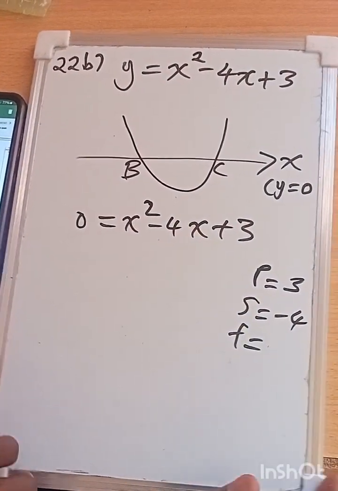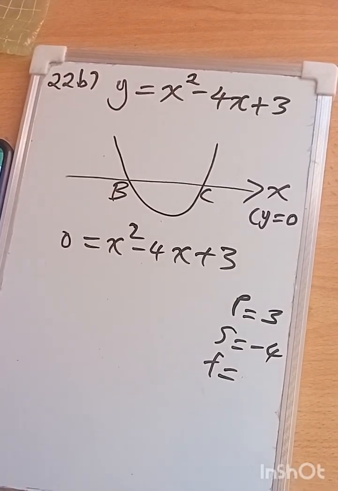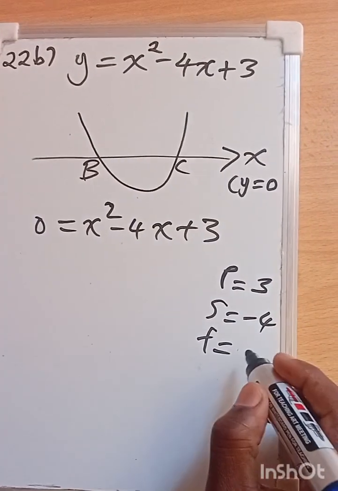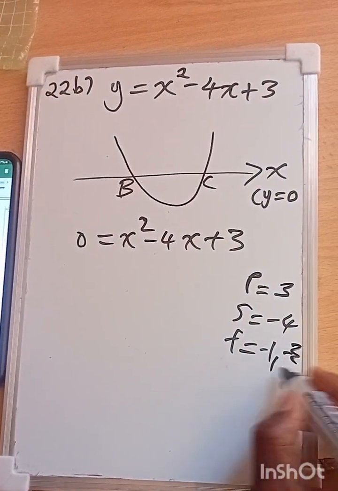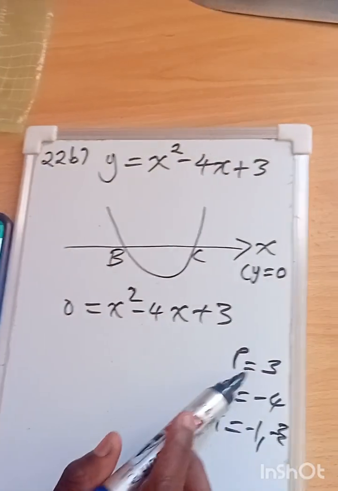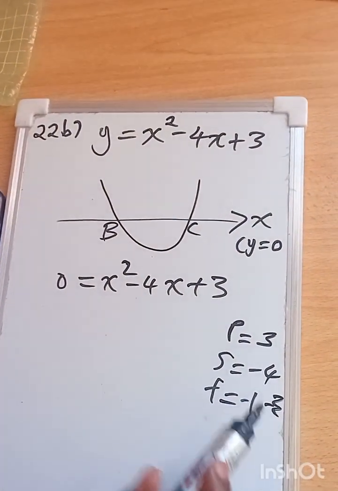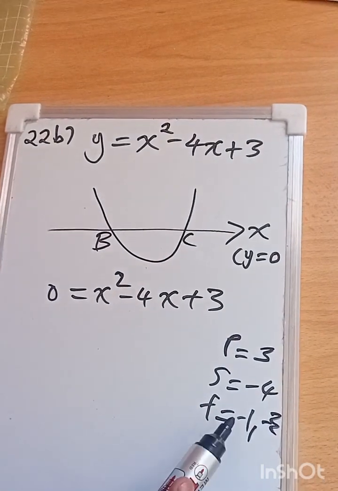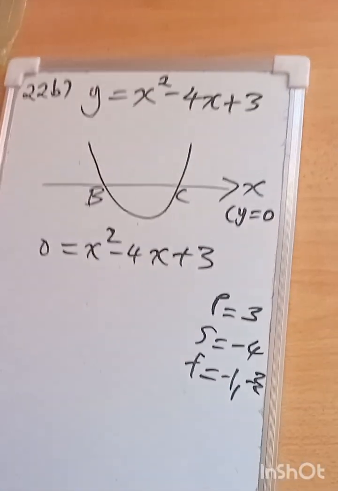So the factors we'll have are -1 and -3, because -1 times -3 will give us +3. Negative times negative is positive. Then -1 minus 3 will get back the -4 there.